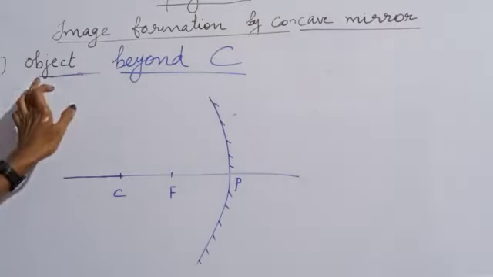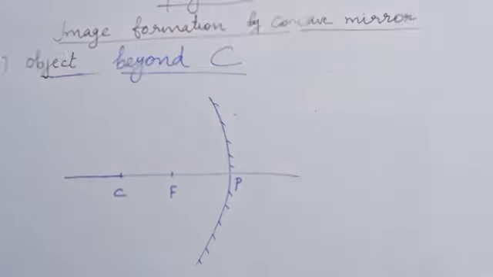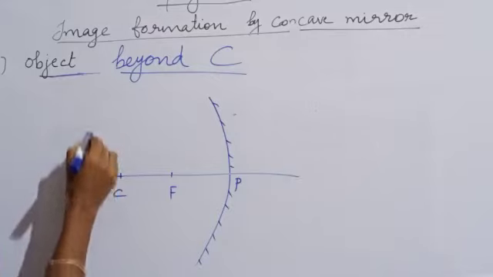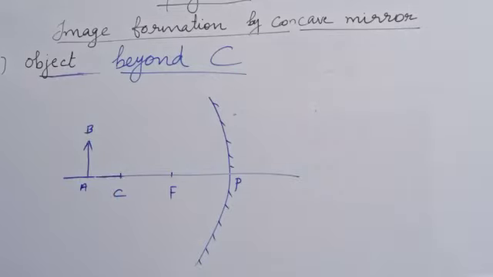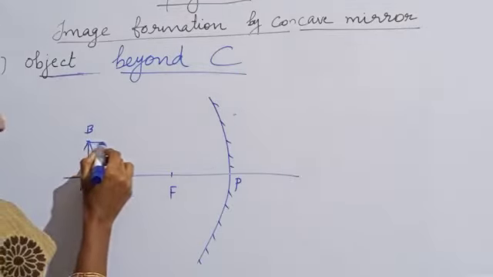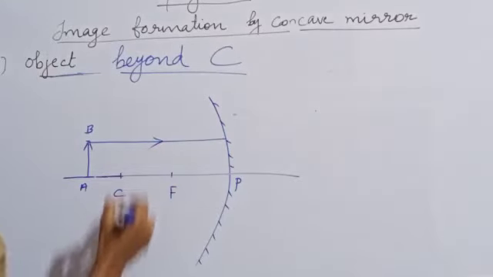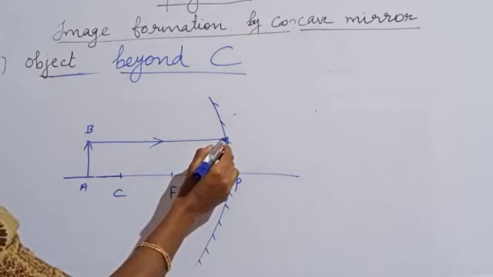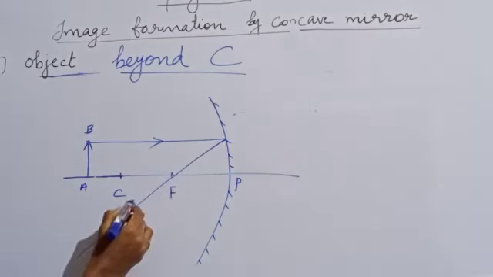So next case, object is beyond C. Then we can place the object here beyond C, called AB. So here first we draw a ray parallel to the principal axis. After reflection it emerges through the principal focus.